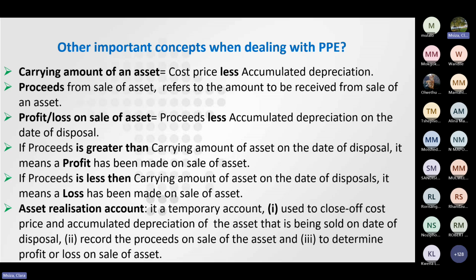When you read the assessment, you must carefully read what method they're using, because the balance you get from the diminishing balance method and the straight line method are always different when you get to year 2 and year 3. So when you sell that asset, the carrying amount and the profit that you make will be different depending on which method you are using.